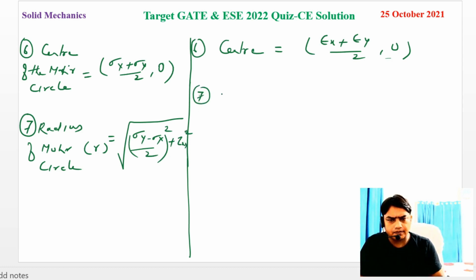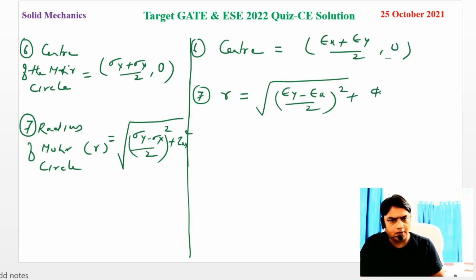Similarly, in strain transformation, the radius of the Mohr circle can be written as the square root of (epsilon y minus epsilon x by 2) whole square plus (phi xy by 2) whole square.